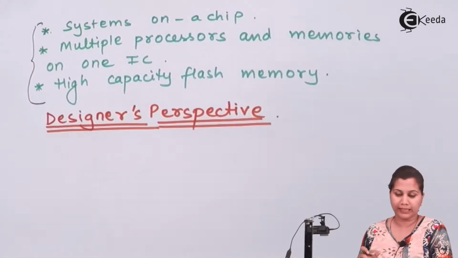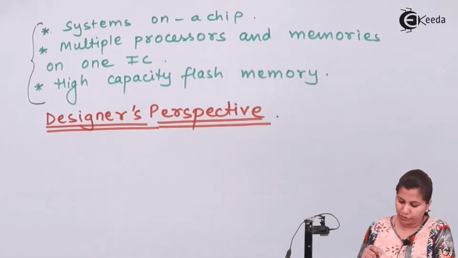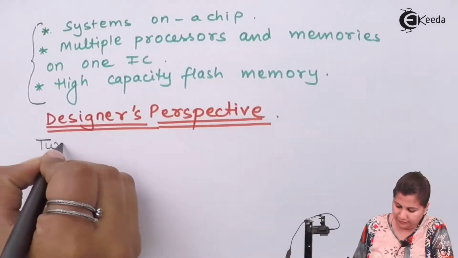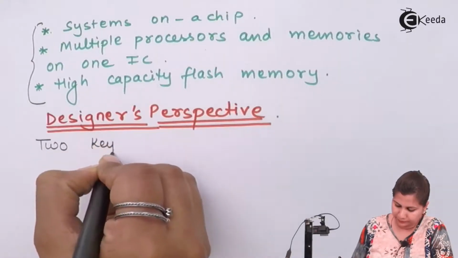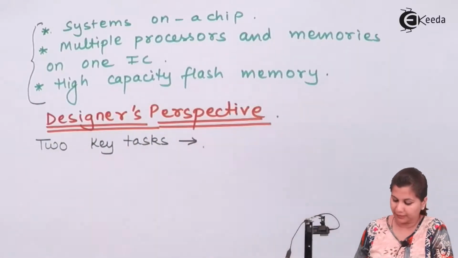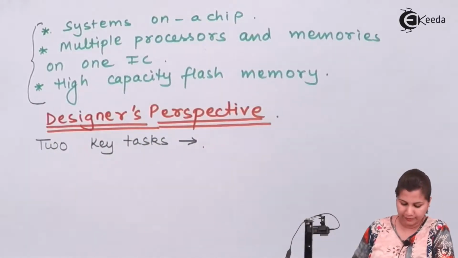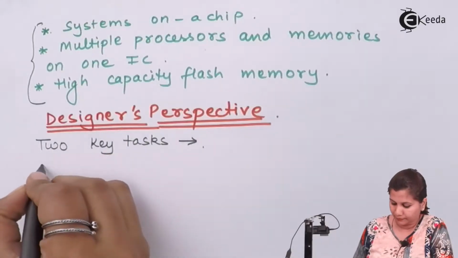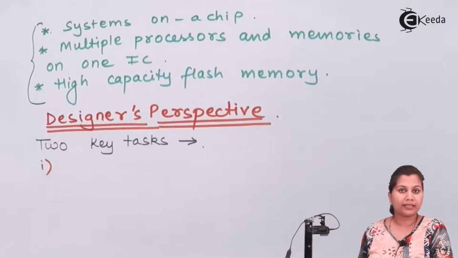What is its main aim? There are two key tasks which the designer is expecting. First is processing the images and storing them in the memory.